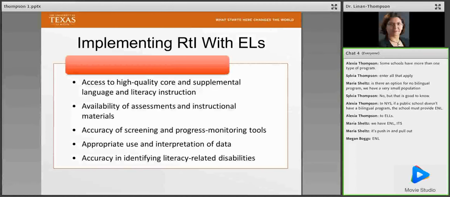So it's a matter of layering the different factors to determine whether the child really needs more instruction, a Tier 2 type of instruction, or if they really are going to benefit more from getting more language instruction, or are they going to be okay just in Tier 1 as long as language is being scaffolded in Tier 1.